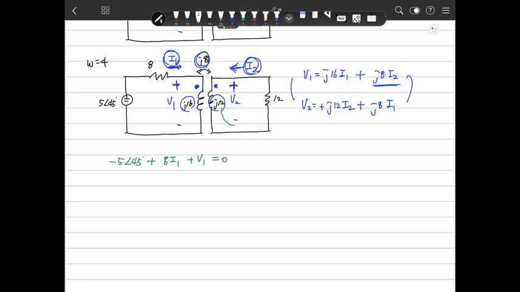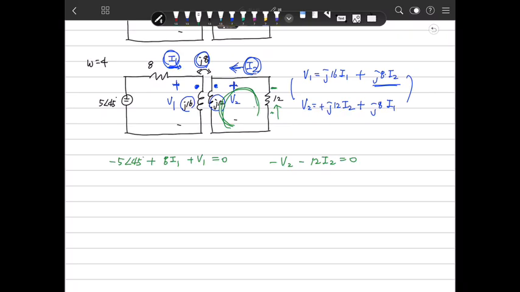And secondary in this direction here is minus V2 minus 12I2 is 0, because we make mesh in this manner. It's minus V2, and because we're going into the here, this is a positive minus, so we make minus, we met minus in this loop, so this is minus.